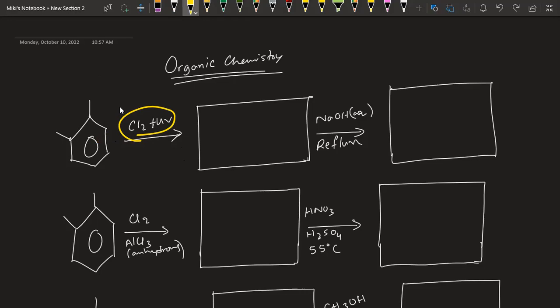Now, since so far they haven't given us much information, we would consider here one chlorine molecule. That chlorine molecule would give us, let's say this will stay here and this will give us a simple Cl. So this will be our product in this case.